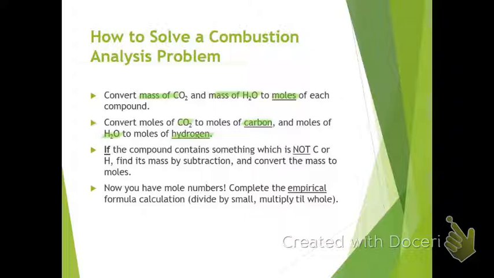Once we know the moles of carbon, hydrogen, and any other element that might be in our hydrocarbon, we can just use our empirical formula calculation, where we take our mole values, divide by small, and multiply till whole. So let's try this out.